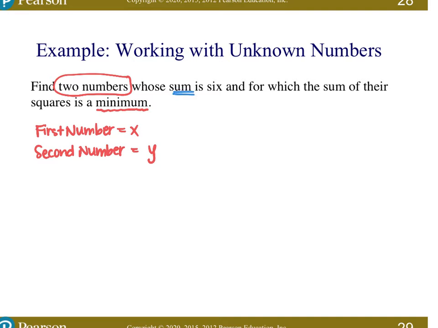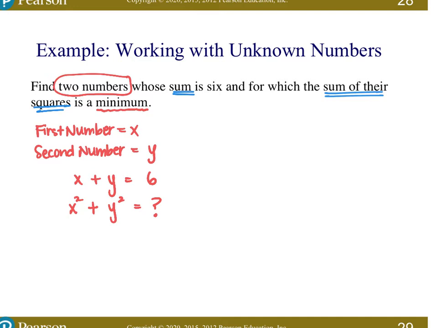That means x plus y equals 6. We also know the sum of the squares is a minimum. So the sum of their squares, so it's still a sum, and we're squaring them, x squared and y squared, and we don't know what that is, but it's going to be a minimum.